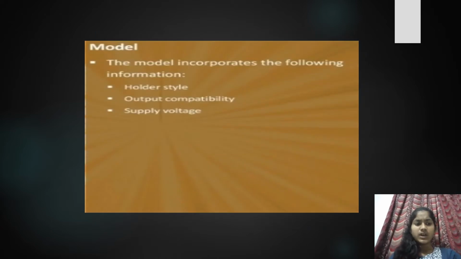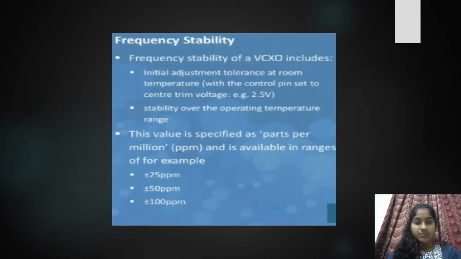Model. The model incorporates the following information: holder style, output compatibility, supply voltage. Frequency stability. Frequency stability of a VCXO includes initial adjustment tolerance at room temperature, with the control pin set to center trim voltage, example 2.5 volts, and stability over the operating temperature range.